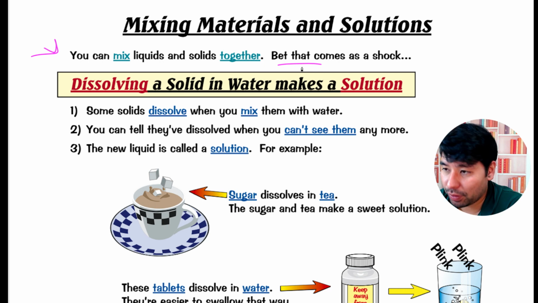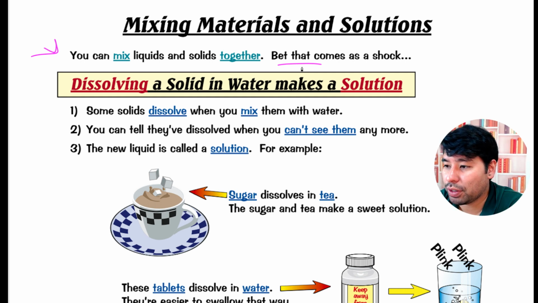Anyway, moving on. Dissolving a solid in water makes a solution. So when we dissolve something solid into the water, we say it makes a solution, okay? Ou uma mistura. Number one, some solids dissolve when you mix them with water. That's number one.